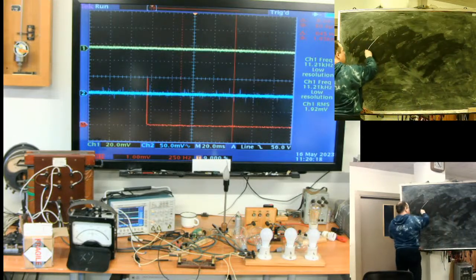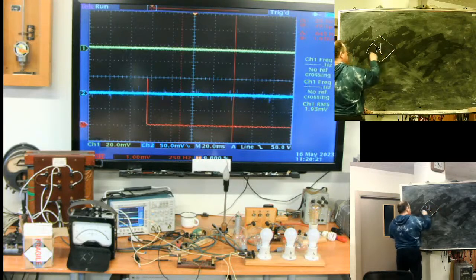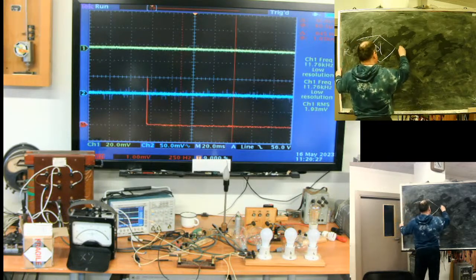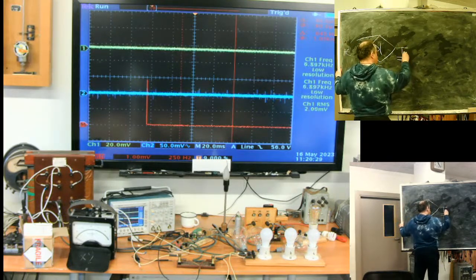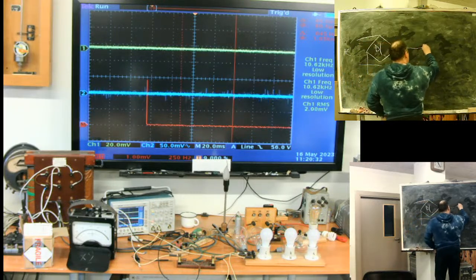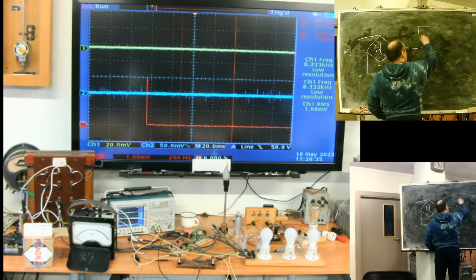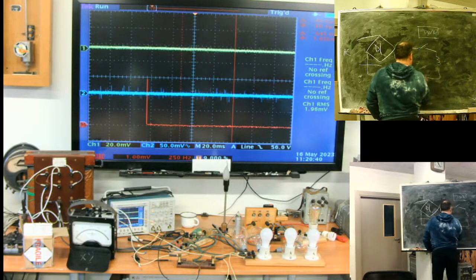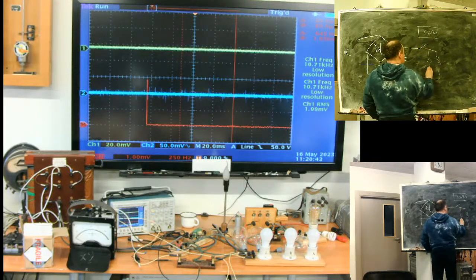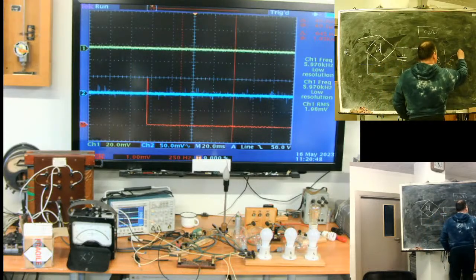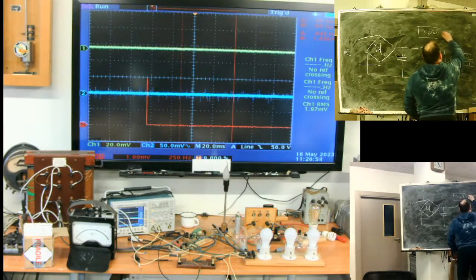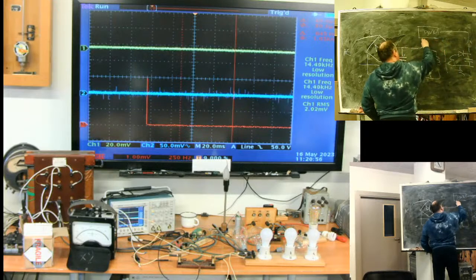Typical structure: bridge, AC input, capacitor filter, switch controlled by PWM, for example, transformer, network, ground, feedback to PWM.